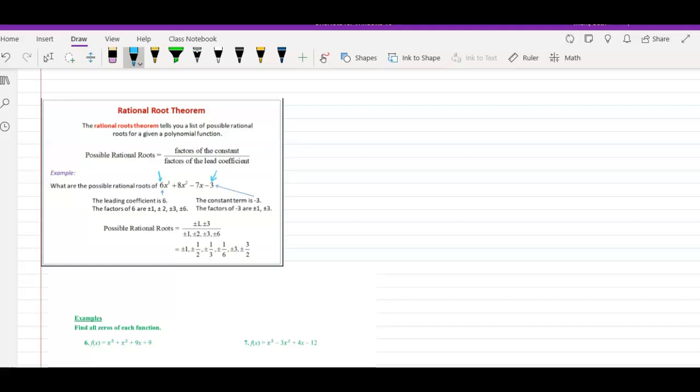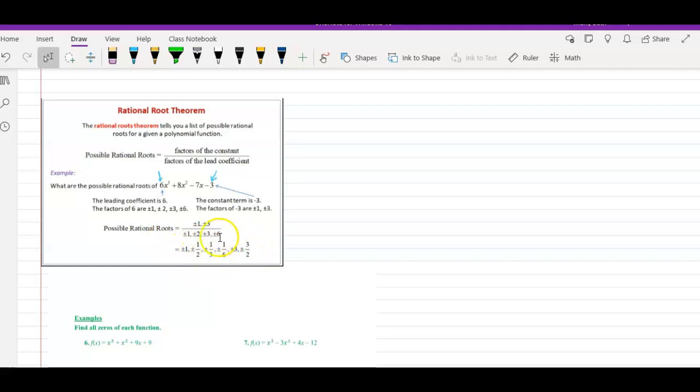And all the factors of 6 would be 1, 2, 3, 6, also -1, -2, -3, and -6. So that's where these lists of factors come from. And when we make a ratio of them, we get this list of numbers. This is actually 1, 2, 3, 4, 5, 6, 7, 8, 9, 10, 11, 12 possible numbers.